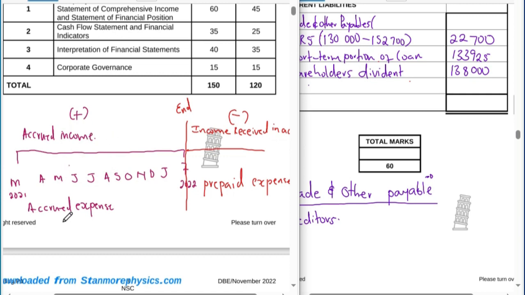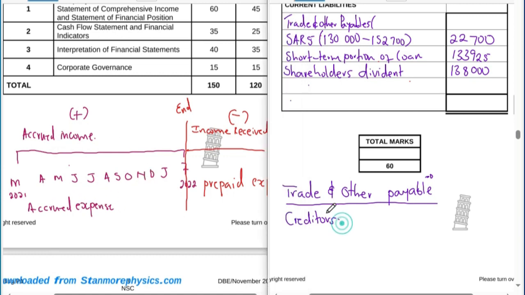Anything that has not yet been paid is accrued expense. Anything that as a business we did not pay within our financial year is going to go to trade and other payables, because it needs to be paid at the end of the financial year. Then we are going to have accrued expense.